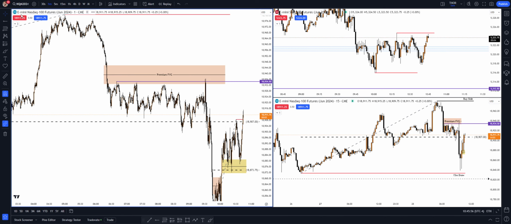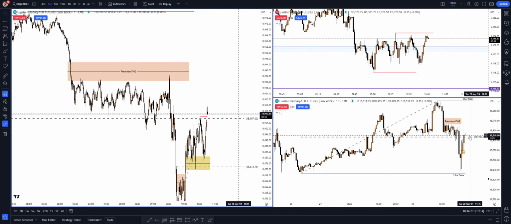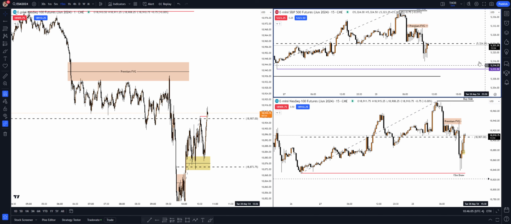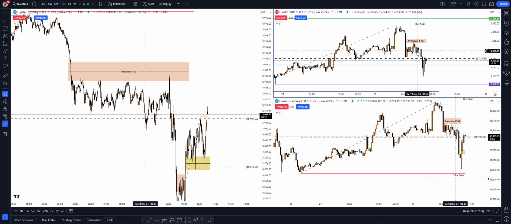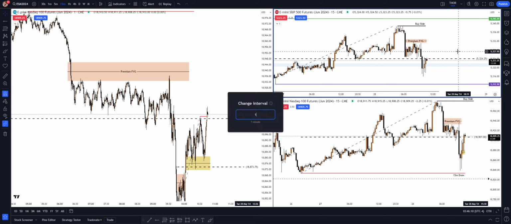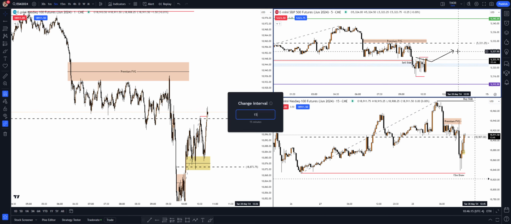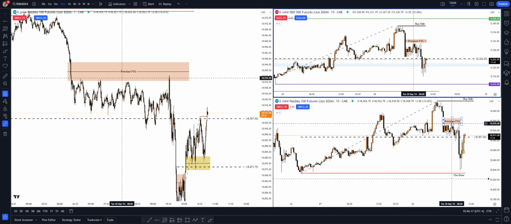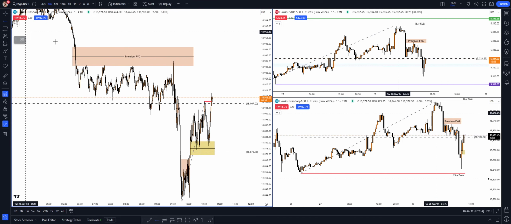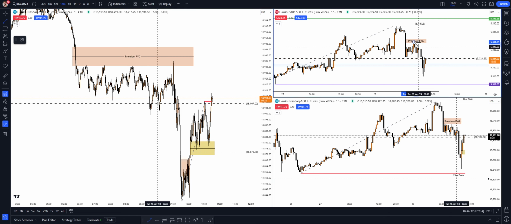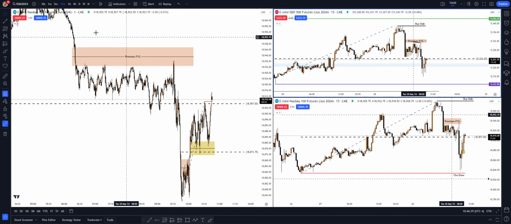Let me see it on the, hold on one second. Go on 15 minute on ES. So let me think. This is the S&T divergence delivered.